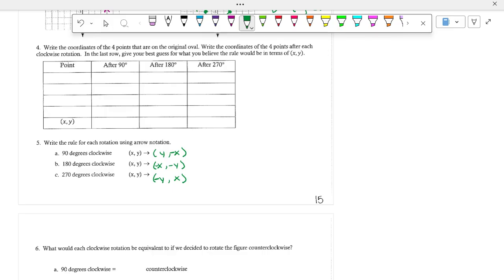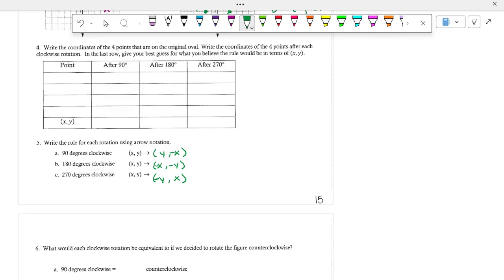So if I go 90 degrees clockwise, where does quadrant 1 end? So this point will end up in what quadrant? 4. So 90 degrees, it would end up in quadrant 4, and that's clockwise. If I go 180, how many quadrants is that from the original? 2. So I count 1, 2. So I end up in what quadrant? 3.